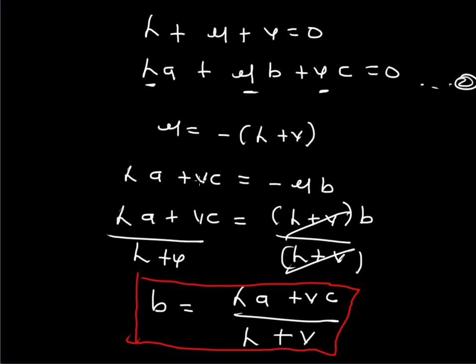Remember, if points are collinear, they lie on the same line, and internal division is used when points lie on the same line. That's how we obtain this expression, B equal to lambda A plus nu C divided by lambda plus nu, the ratio between A and C respectively.